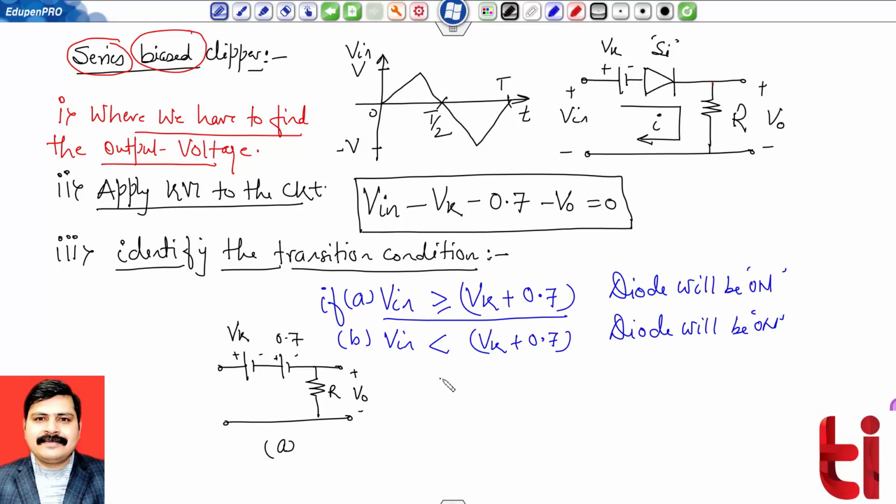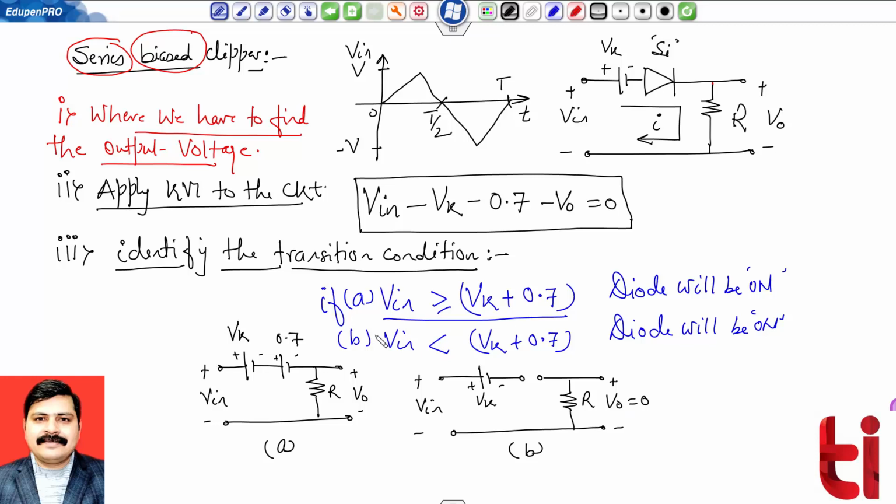And this is my battery. The diode will be replaced by an open circuit now, as it is reverse bias, and this is the circuit diagram for case 2. So in both the situations, I am marking over here the Vin voltage. So plus minus this Vk is available, but as it is an open circuit and we know that no current can flow through the open circuit, my V naught for this case will be equal to 0.